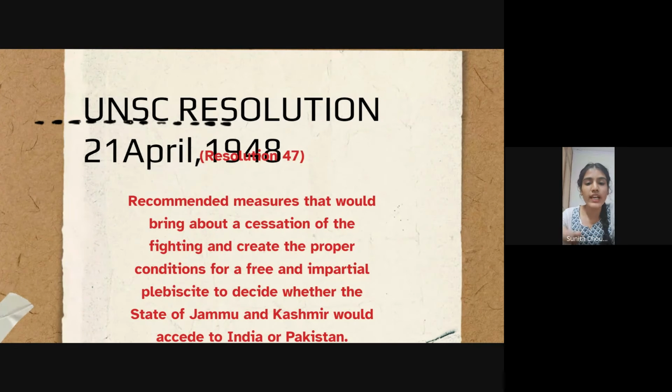As we all know, a plebiscite means a vote conducted over disputed land, where the voters have to choose which party they want to go with, whether party A or party B. So in this case, the UN forum asked both the nations about conducting a plebiscite in the region.